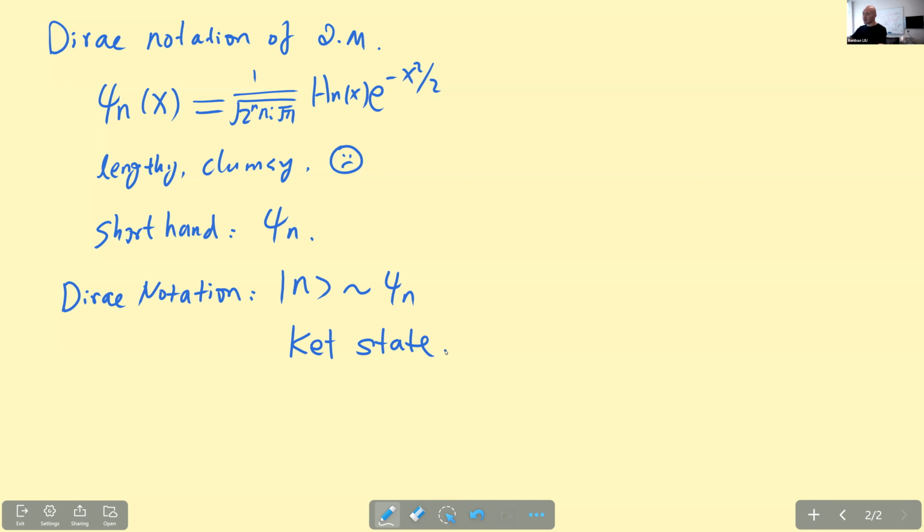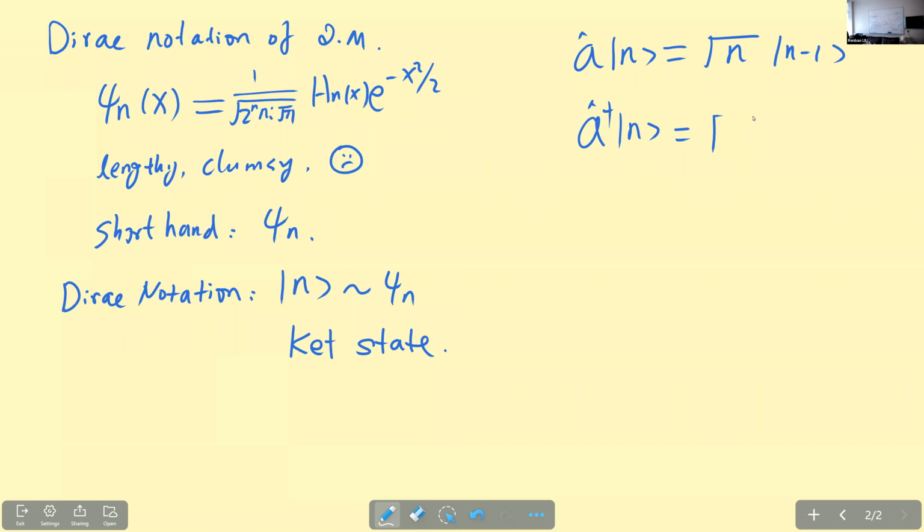And then you can do the same thing, right? So we know that, for example, you can apply the lowering operator on this state. That will change this one into m minus 1, right? Okay. So we know the matrix element. We know that the coefficient is the square root of m. And similarly, you can act on m using the raising operator.